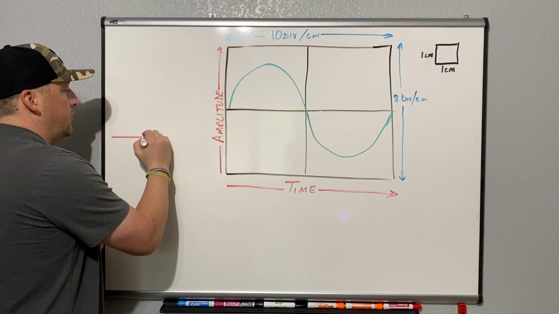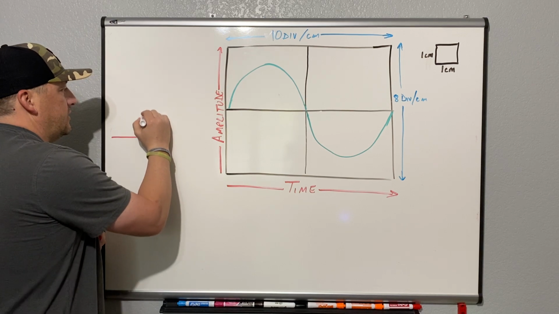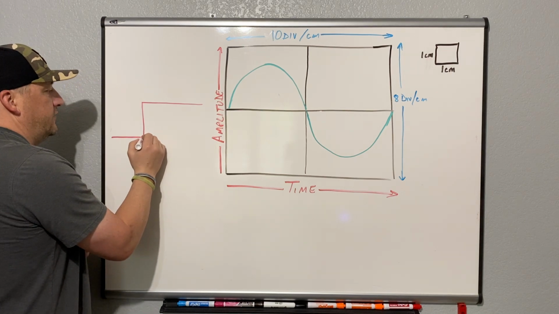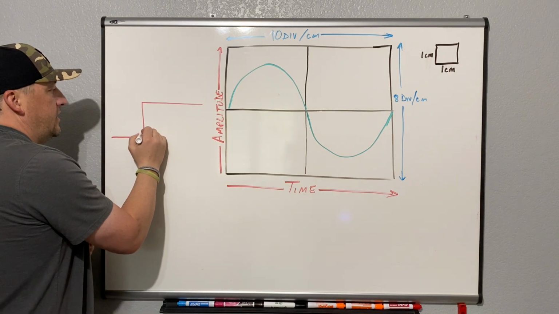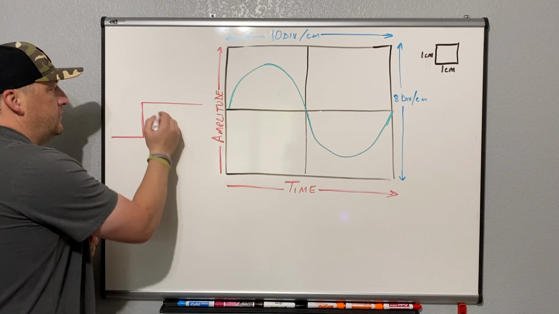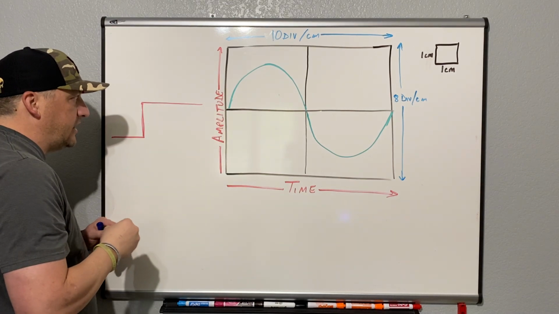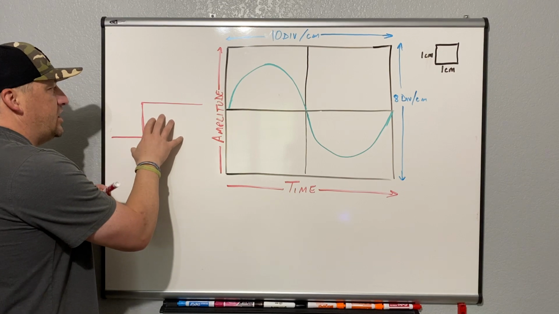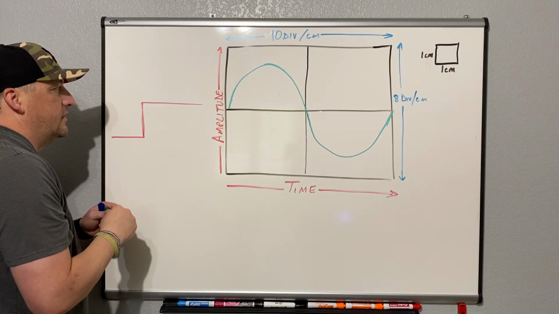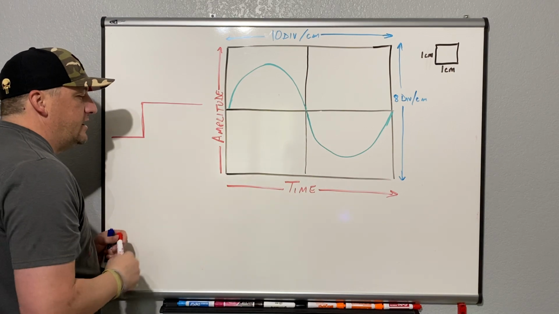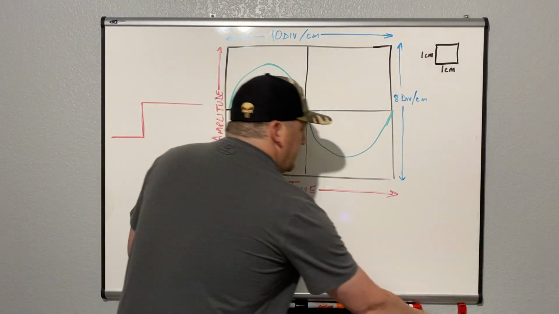And then when you turn the DC on, what you're going to see in general is something that looks like this, to where the voltage turns on here, and then it goes up some amplitude, and then you've got that maintained voltage. It's direct current, so nothing is changing current-wise with DC voltage, unless you physically change it somehow.